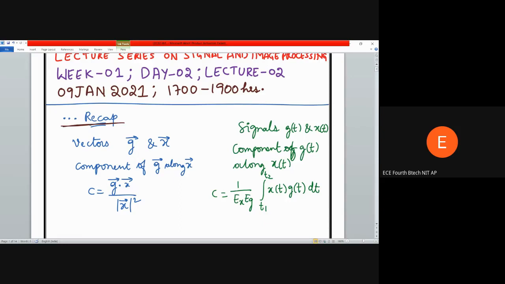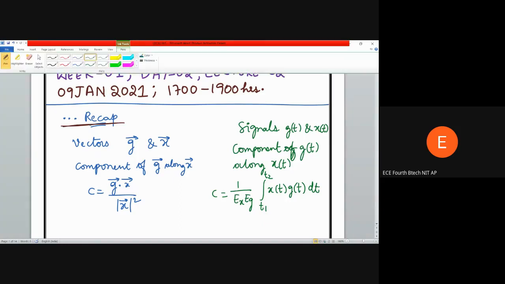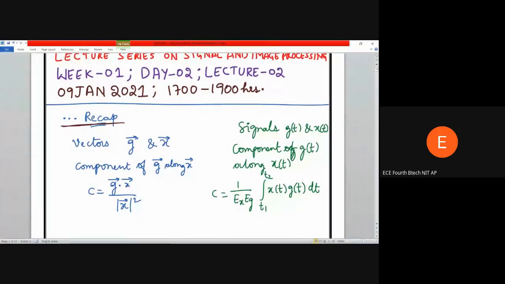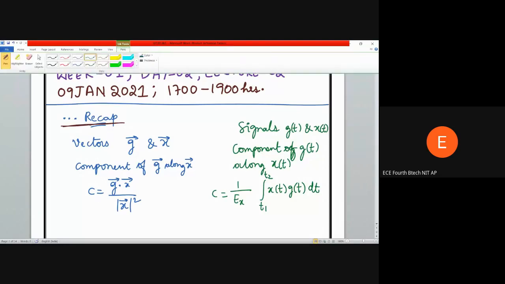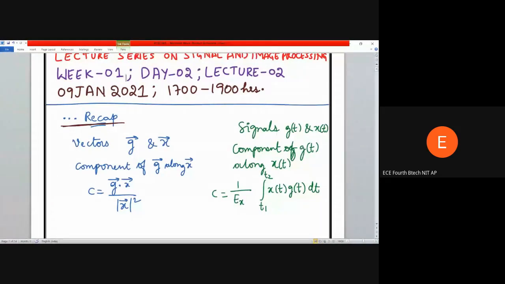And if I'm not wrong, I should make this as Ex only, because the similarity of this x bar square will be having Ex. Okay, so this is what we defined.